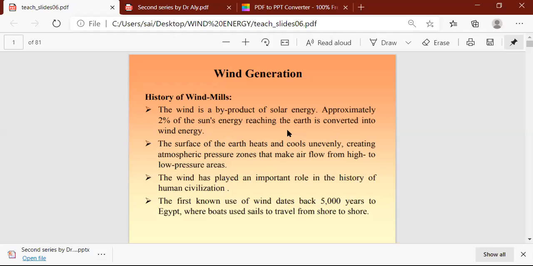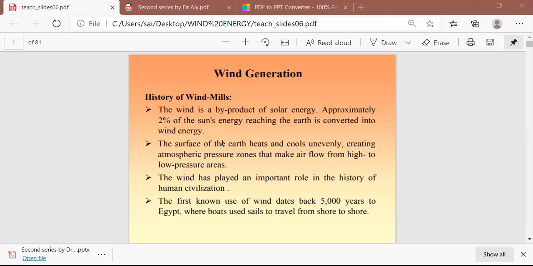This means the total energy available for solar power generation. In the last semester we learned about the scattering of rays in the atmosphere, and the obstacles present in nature while producing electricity from solar. So 2% of energy is utilized to hit the earth's surface, and finally after hitting, that energy is converted into wind energy.